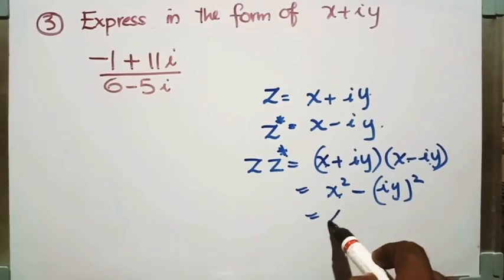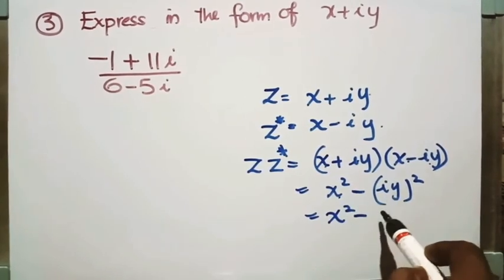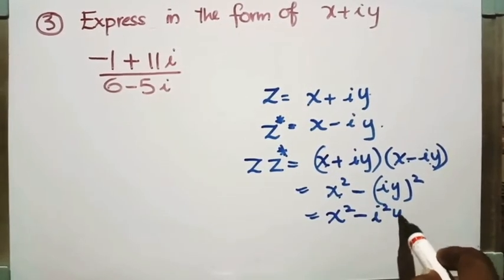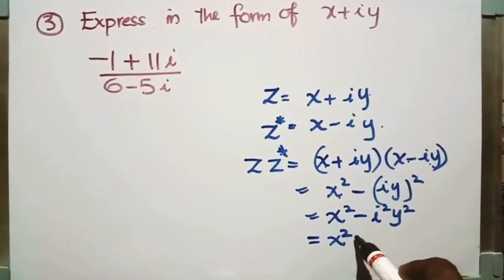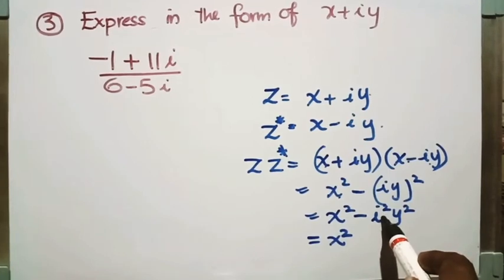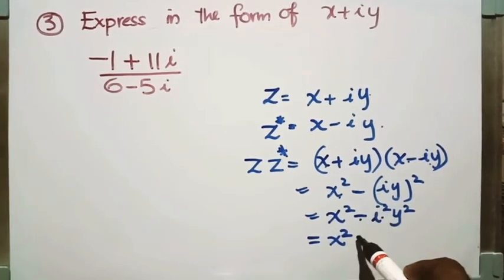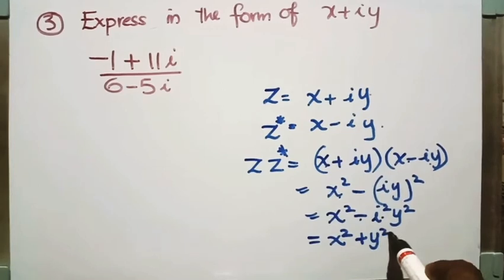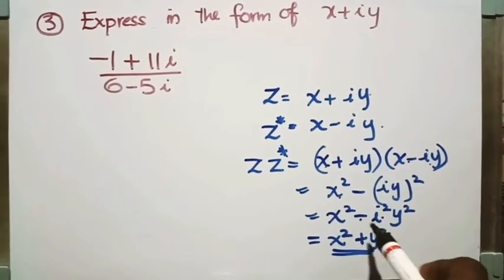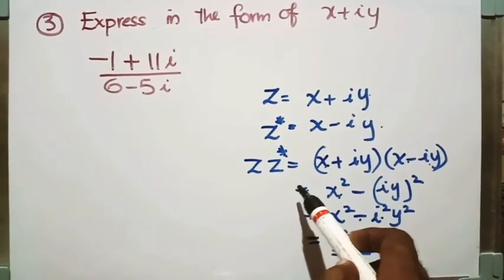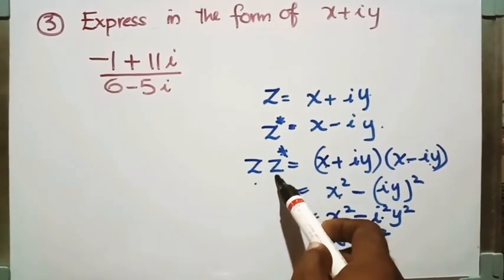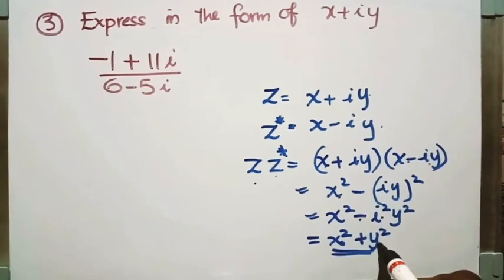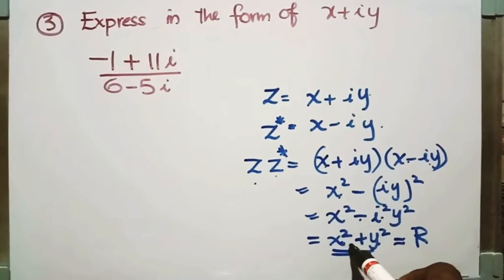So we get it as x squared minus i squared y squared, which is equal to x squared, and i squared is minus 1, so minus into minus 1 is plus 1, plus y squared. So we get z into z star, that is the product of a complex number and its conjugate, is x squared plus y squared, which is a real number because there is no i in this.